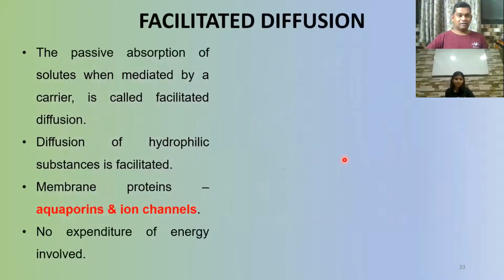Okay, now let's go on to the next part, something called facilitated diffusion. This part is about translocation of the ions and molecules across the plasma membrane.